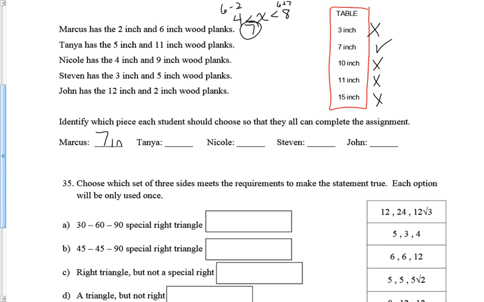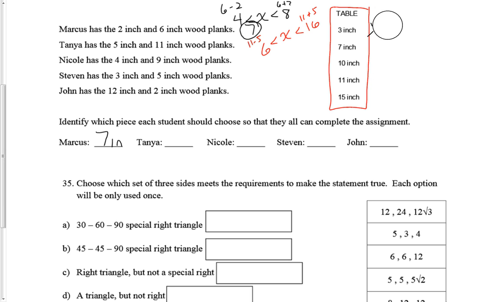Moving on to Tanya, I'm going to do the same thing. I'm going to write her an inequality, and she has to be between, I subtract 11 minus 5, and that gives me 6, and then I add 11 plus 5, and that gives me 16. So that tells me for Tanya, the piece must be bigger than 6, and it has to be smaller than 16.